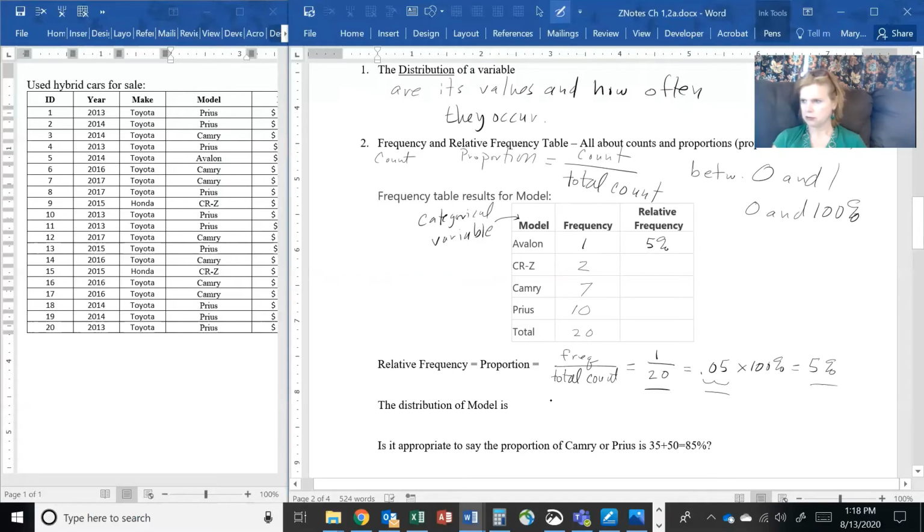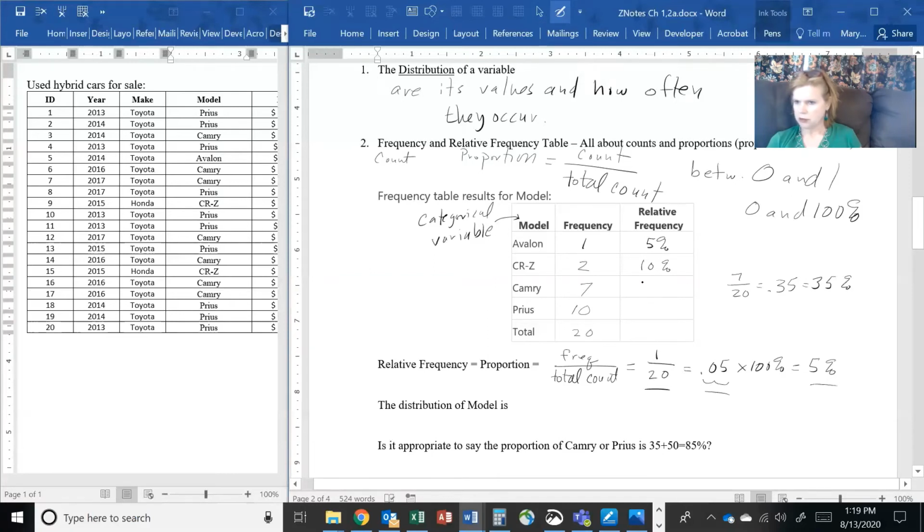Similarly, the proportion of CRZs is 2 over 20, which is 1/10, which is 0.1 or 10%. Camrys, that's going to be 7 over 20. And that happens to be 0.35, which is the same thing as 35%.